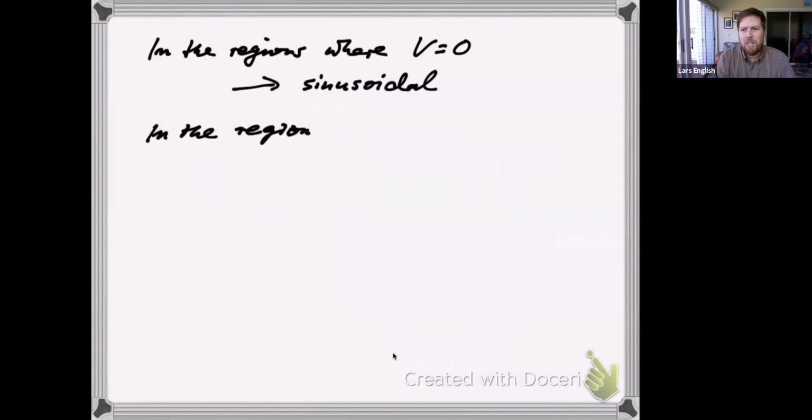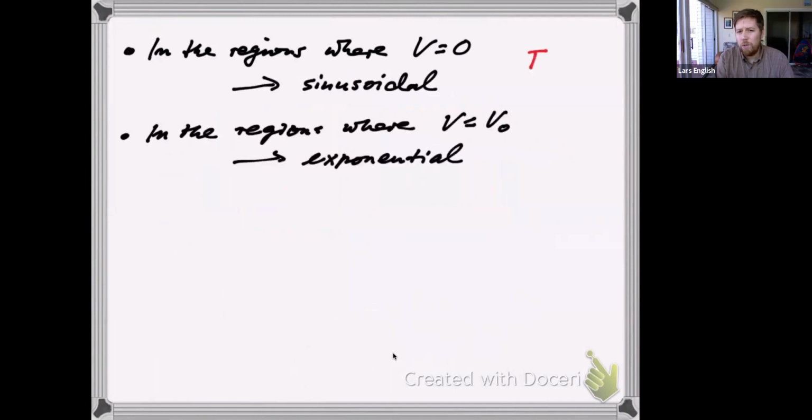In the wells themselves, where V is equal to 0, it's a free electron, with sinusoidal solutions. In other regions where V is equal to V naught, so that's within the pulses, within the barriers, V is equal to V naught and E is less than V naught, so we have exponential decay or growth solutions. Okay, region 2.